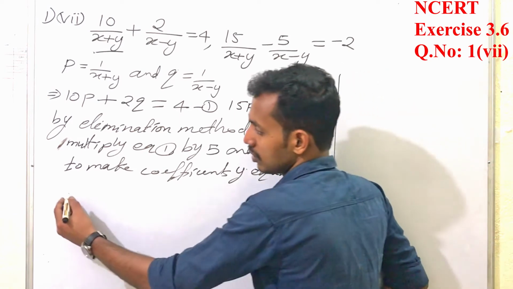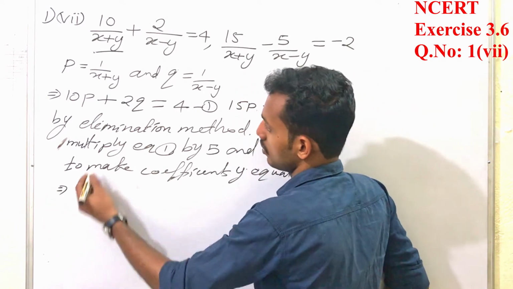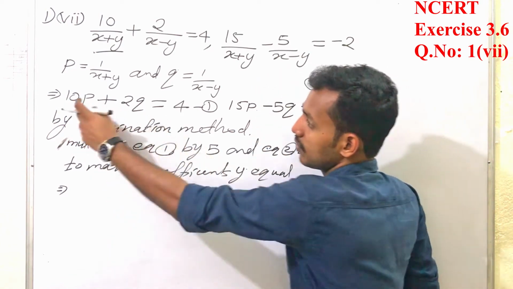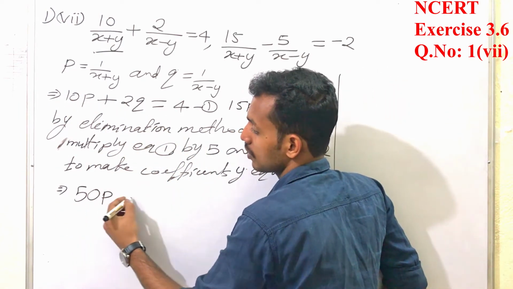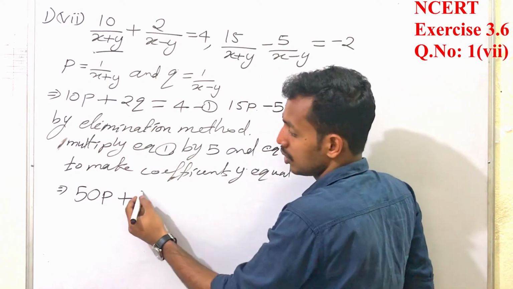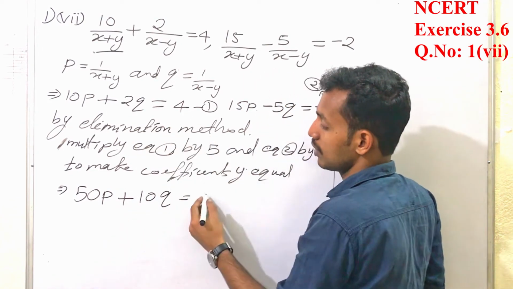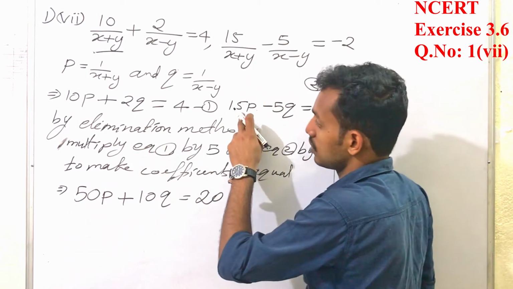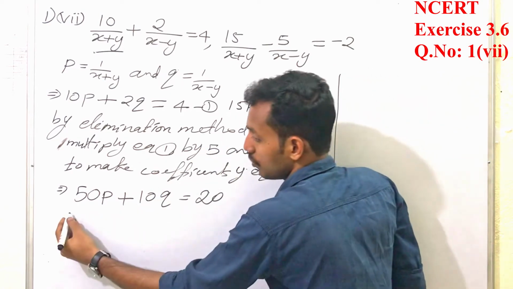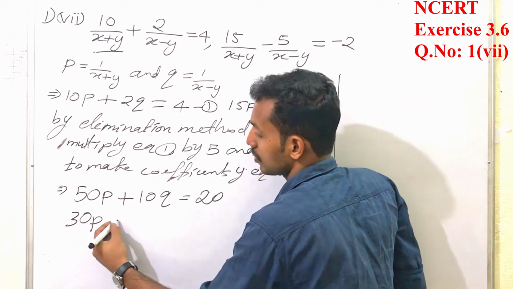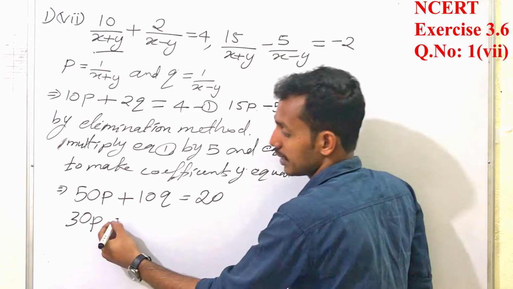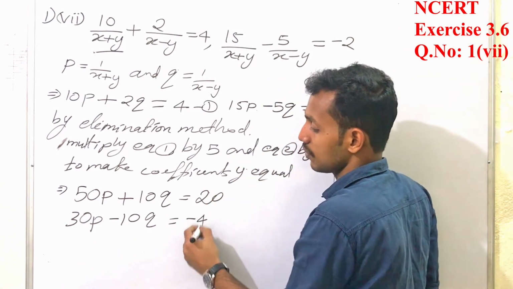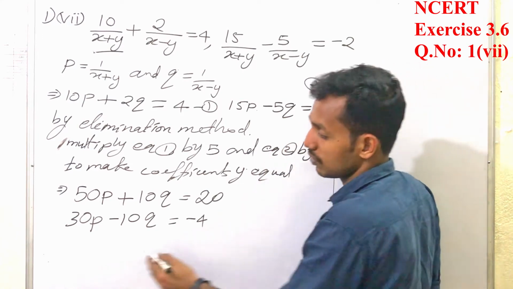So we get, when we multiply equation 1 by 5, we will get here 50p plus 10q is equal to 4 into 5, 20. And in the second equation, when we multiply by 2, 15 into 2 is 30p, and minus 5 into 2 will be minus 10q, and here it will be minus 4, because minus 2 into 2 will be minus 4.